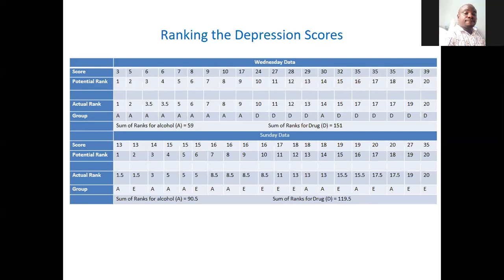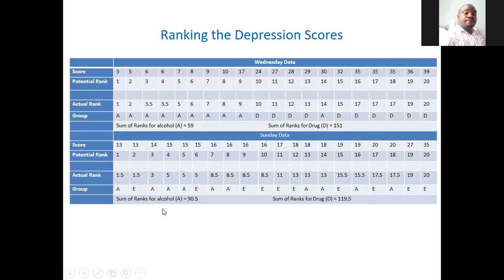So you see there are two data sets here, Wednesday and Sunday, between drug and substance. So when we sum all the ranks for alcohol, it's 59. When we sum the ranks for drug, it is 151. So the Wilcoxon is the smaller one. Yes.